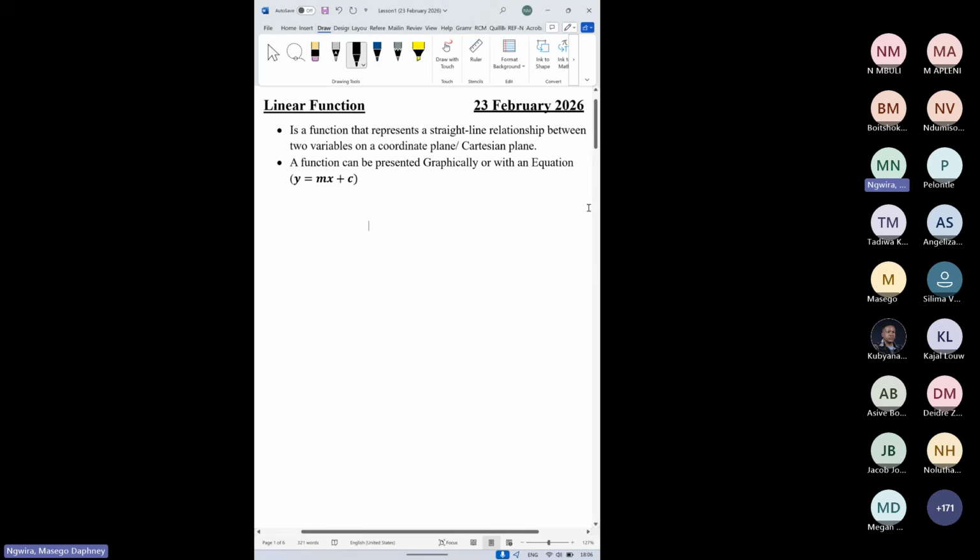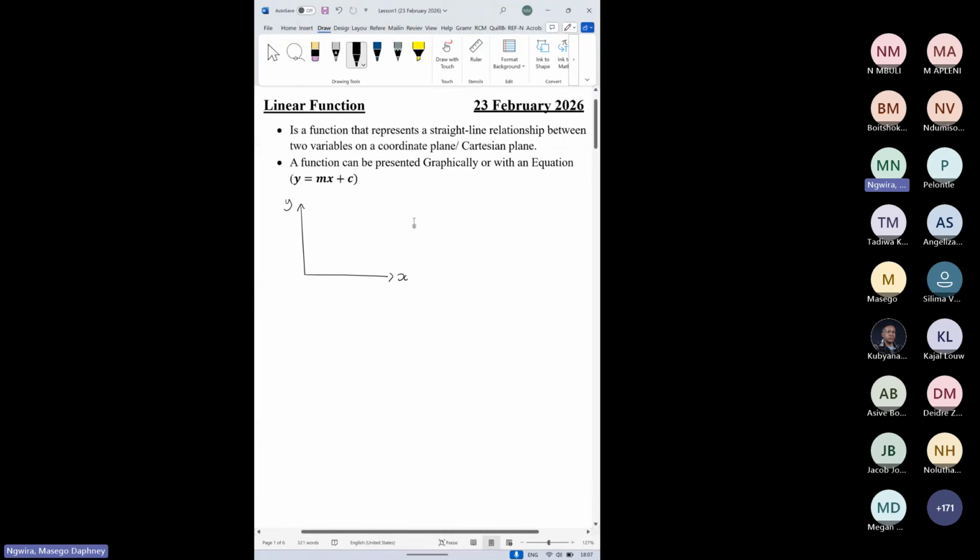Okay. So a Cartesian plane has two axes, your y-axis and your x-axis. These two will represent the variables. So this will be your y, and this one is your x-axis. All right.